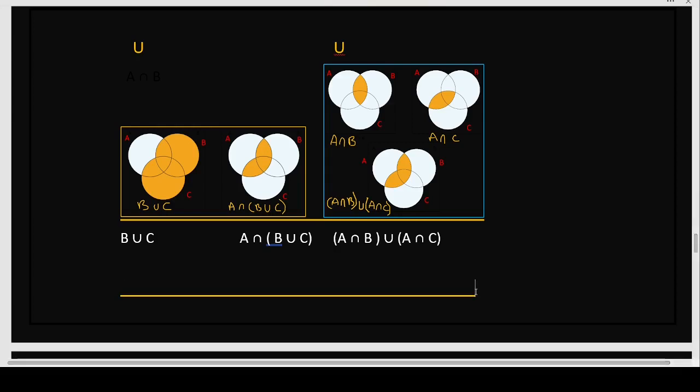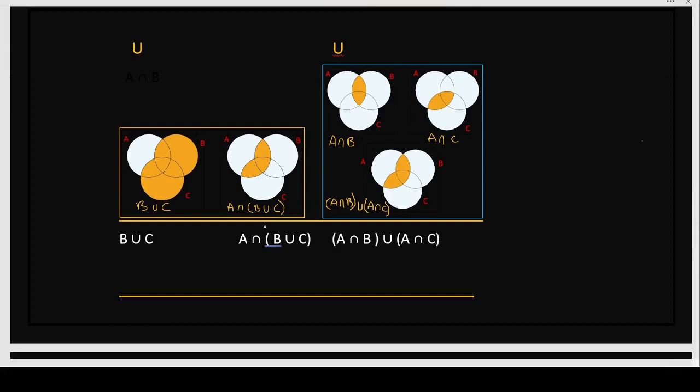All are a subset of a universal set. What is B union C? This is the B union C, right? This is B and C together. And what is the intersection of B union C? B union C is this. And what is the intersection with A? What is common with A? This is A, right?